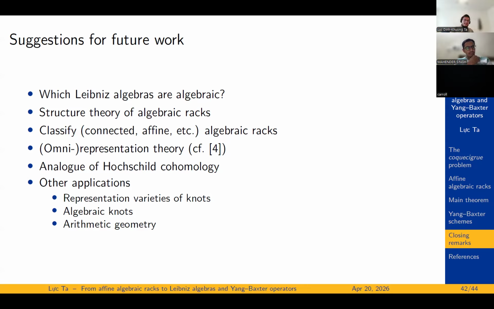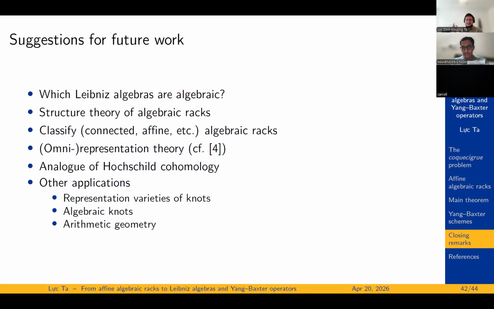Another thing: can you define an analog of functional cohomology for algebraic groups or algebraic racks? I have no idea how to do this, but I think that would be cool. And some more applications. Earlier, we talked about representation varieties of knots, so it would be interesting to study a generalization of those.